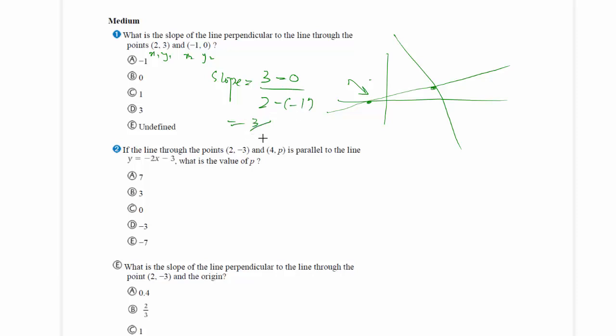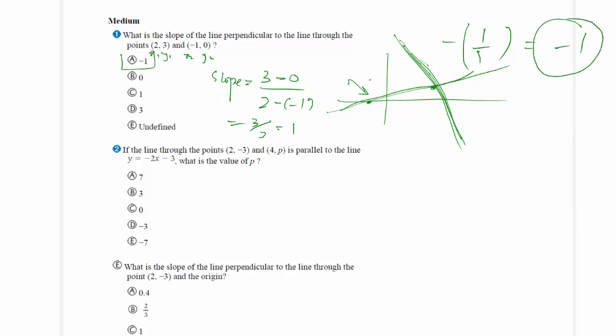So that's equal to 3 divided by 3, which is 1. So the slope of this line is 1, and the slope of the line perpendicular to it will be the negative reciprocal of 1. 1 divided by 1, that's negative 1. So negative 1 is the right answer. That's option A.